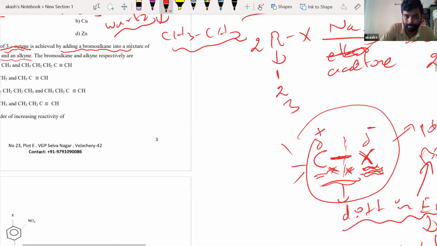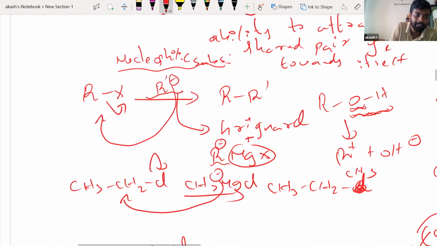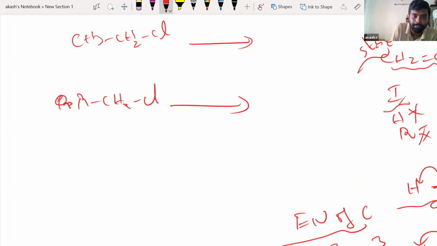Okay, now, right? So what I am telling is, if I have, say, I write like this, RCH2Cl. Now if I have this, say CH triple bond C minus, obviously H plus is gone. Now what can happen? Again, a nucleophilic substitution can happen, right?